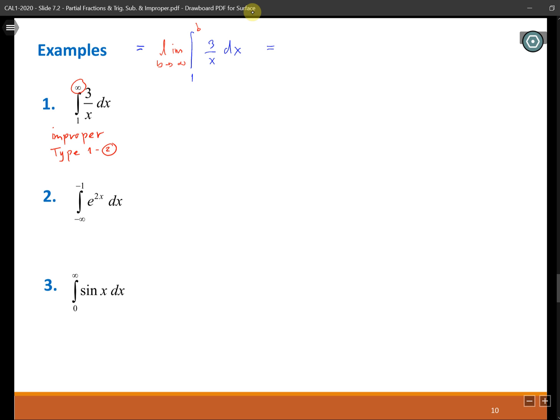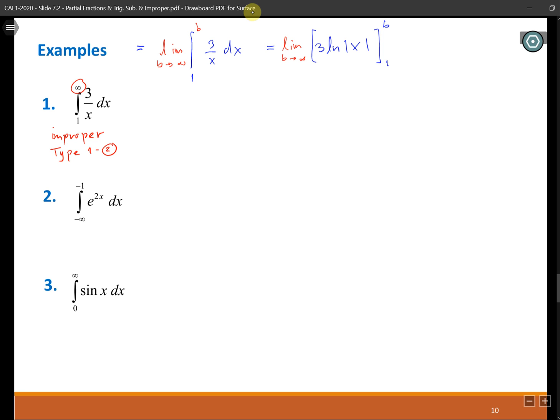So the integration of 3 over x becomes 3 ln of the absolute value of x, and you have to evaluate this at 1 and b. And don't forget that we still have the limit right here at the front, the limit as b goes to infinity.